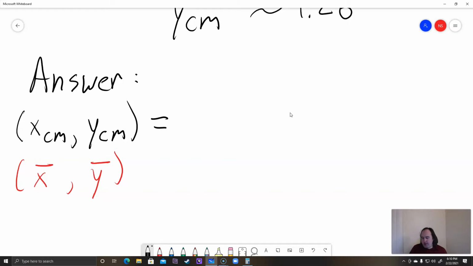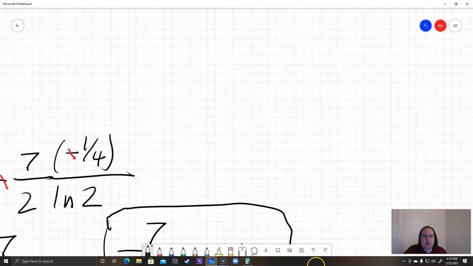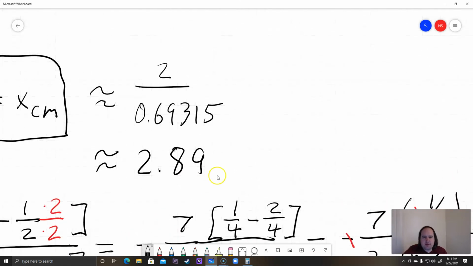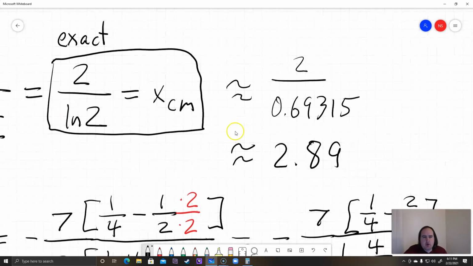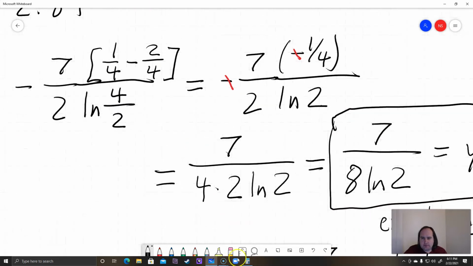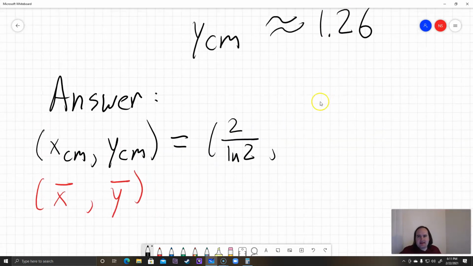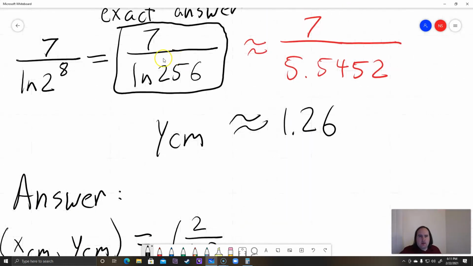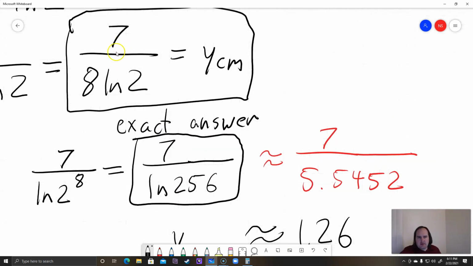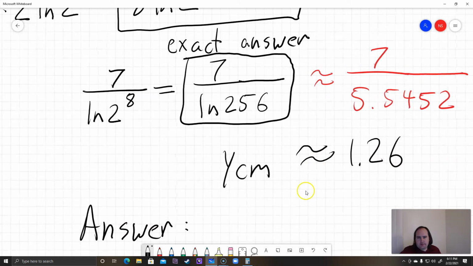Both mean the same thing. We said that our x center of mass was approximately 2.89, or 2 over ln of 2. And our y center of mass, as an exact answer, was 7 over ln of 256, or alternately you could leave it as 7 over 8 ln of 2.